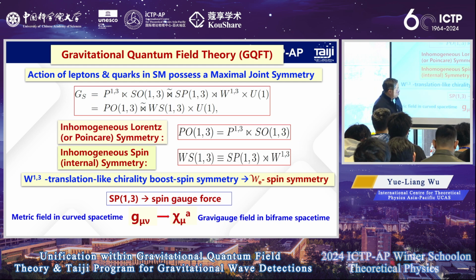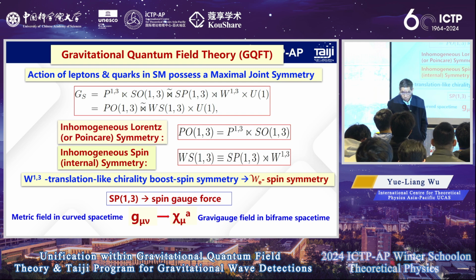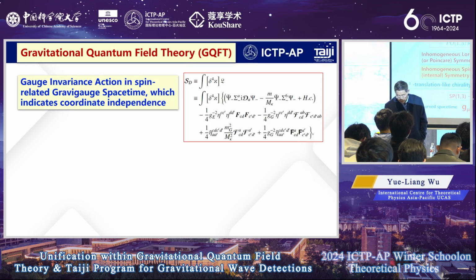So this is actually like a ghost-type boson. You can project it to the coordinate spacetime, and you can also project it to the spin-related spacetime. As this is a ghost boson, it's always massless. So this is why the graviton, when you use this one, is always a massless graviton.